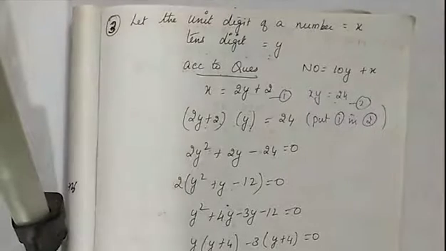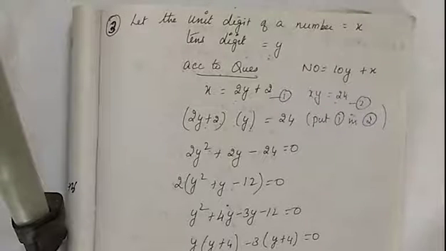Exercise 6D. Question number 3. The product of the digits of a two-digit number is 24. If its units digit exceeds twice its tens digit by 2, find the number.